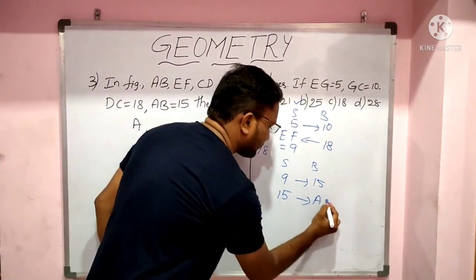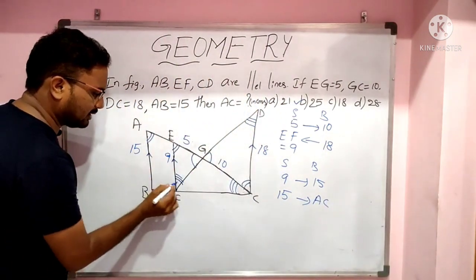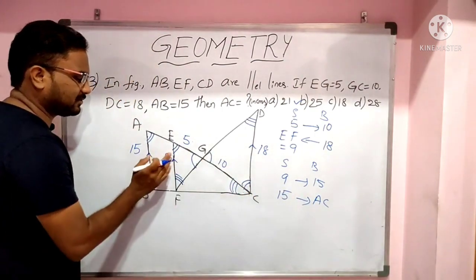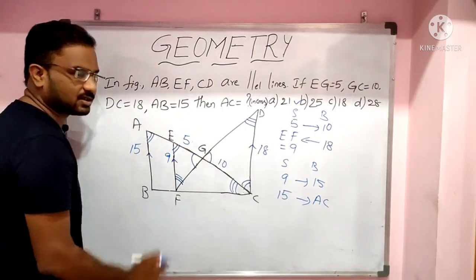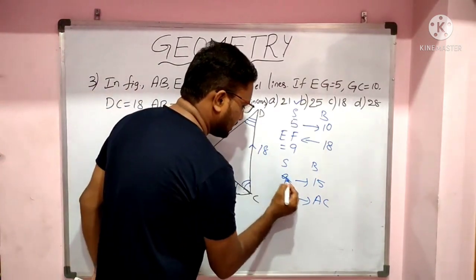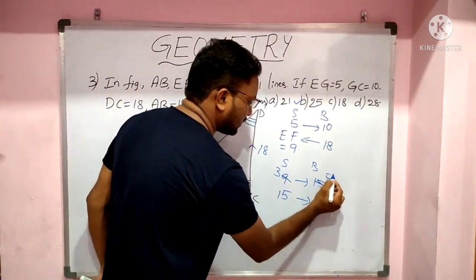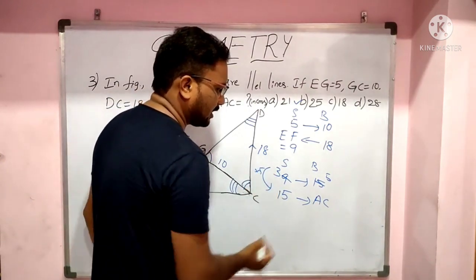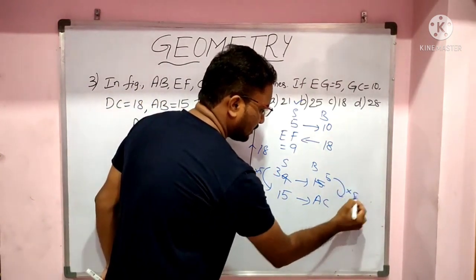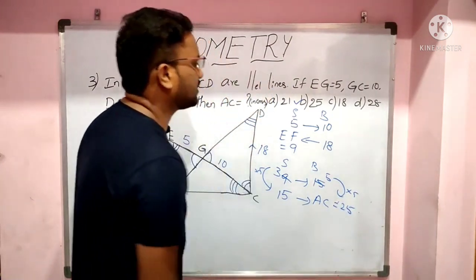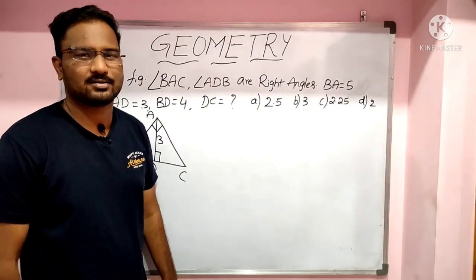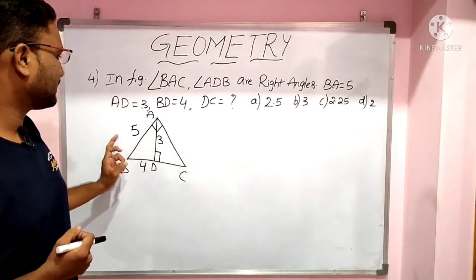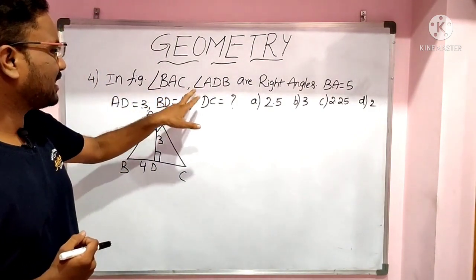If 9 becomes 15, then 15 becomes how much? 3 times 3 is 9, 3 times 5 is 15. 3 into 5 is 15, and 5 into 5 will be 25. So the answer is 25.